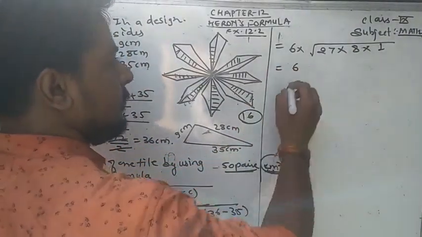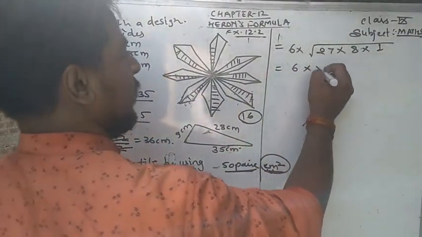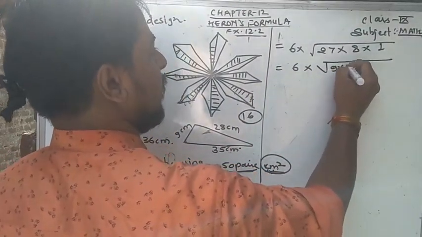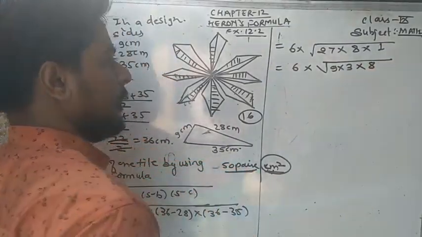It is 6 multiplied by 27, multiplied by 8. 27 is 9, 3 times 9 is 27.